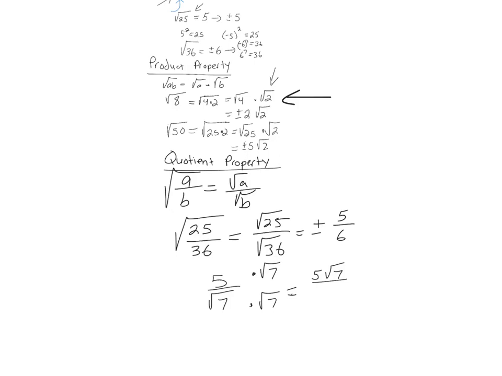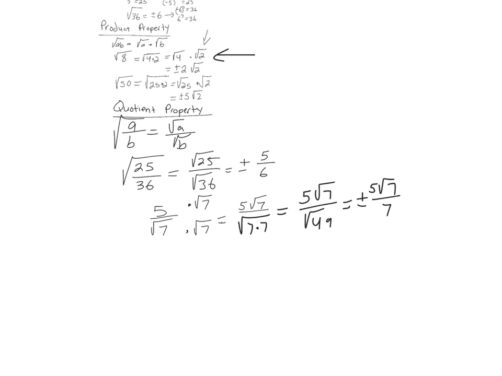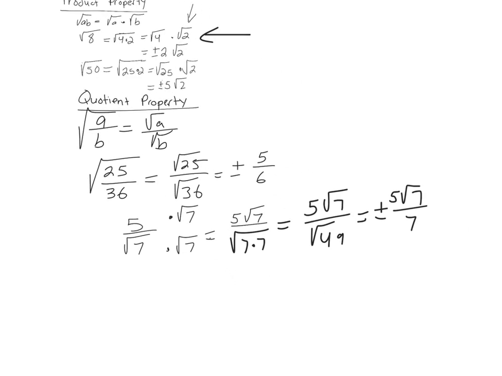So if we have the square root of 7 times the square root of 7, we could actually just put that in there as the square root of 7 times 7, which would turn that into the square root of 49. And that would get rid of the radical symbol. Oops, I forgot the 5. And it would just have our denominator as 7. Okay, that's another thing I want you to briefly jot down in your notes. You don't want to have a square root symbol in the denominator position.